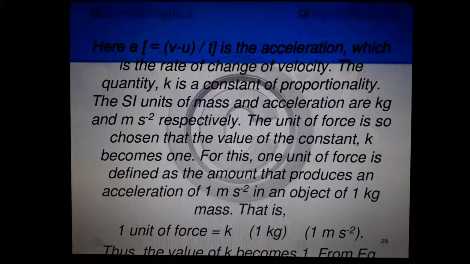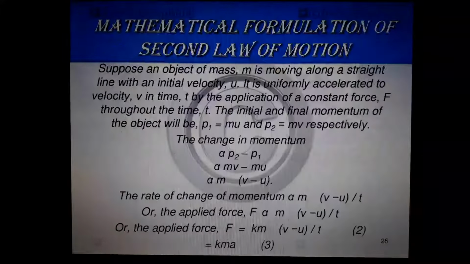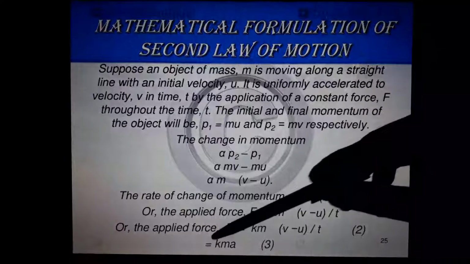The SI units of mass and acceleration are kg and meter per second square. The unit of force is so chosen that the value of the constant k becomes 1. For example, F is equal to kma.